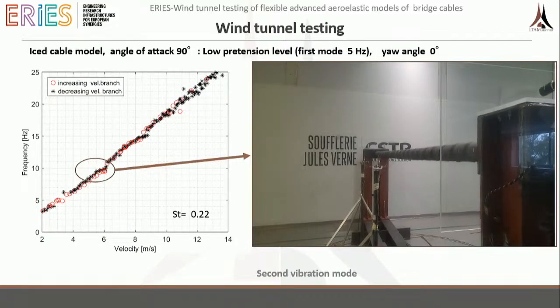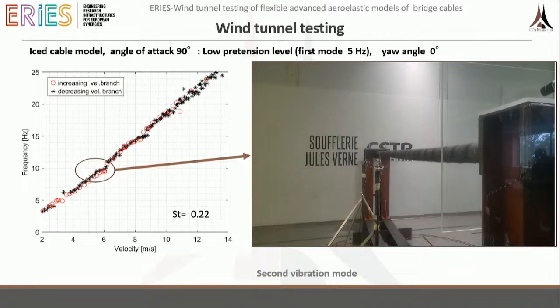With the ICE cable model, angle of attack 90 degrees, so the ICE is down, and low pretension, only 5 hertz. We went to 10 hertz, and yaw angle 0. We can also see the development of frequencies with velocities, up and down.